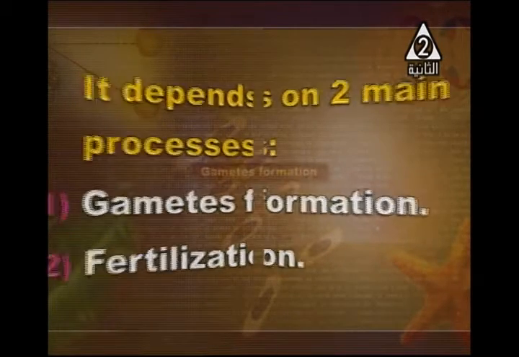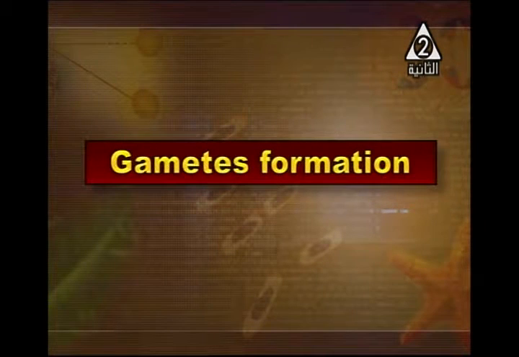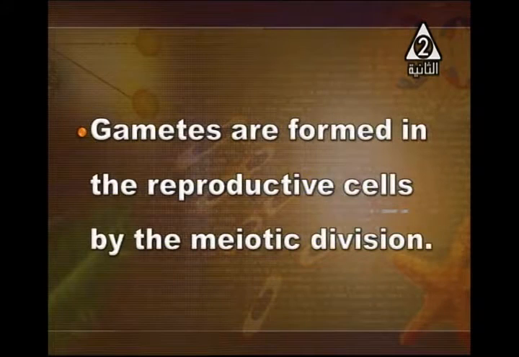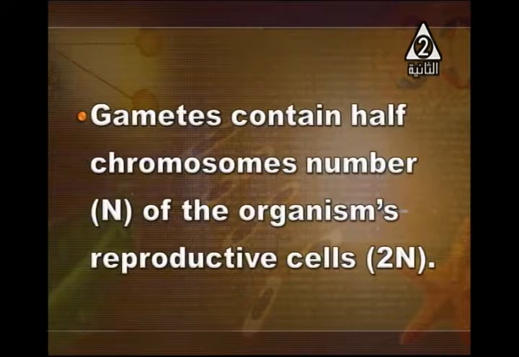What is meant by gametes formation? Gametes are formed in the reproductive cells by meiotic division. Each gamete contains half the number of chromosomes of the organism's reproductive cells.